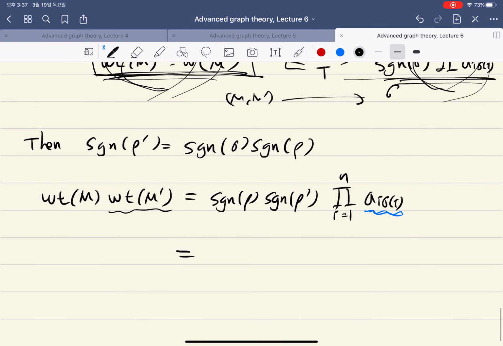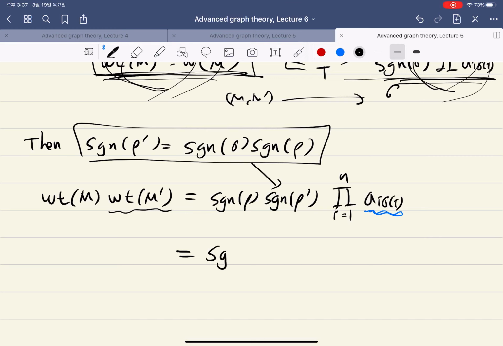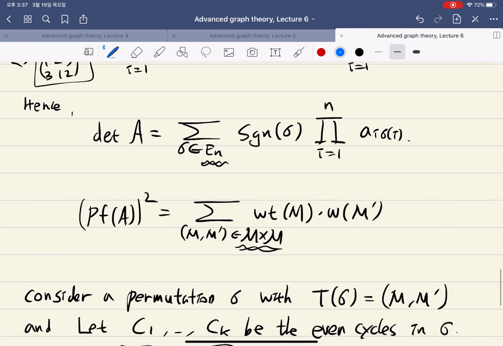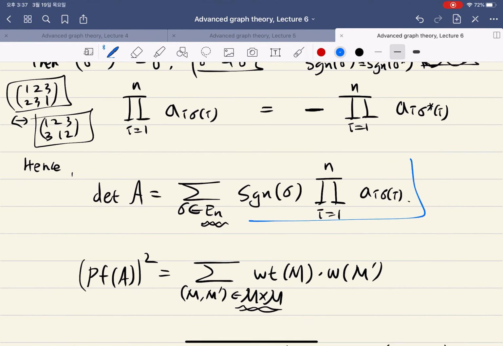And what do we know? Because of this, if you plug that in, the sign of rho squared is just 1. This is the same as the sign of sigma, summation, from multiplying all these. And this term looks awfully familiar, as that's exactly this term.